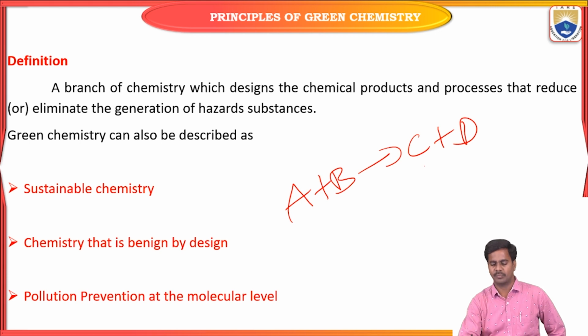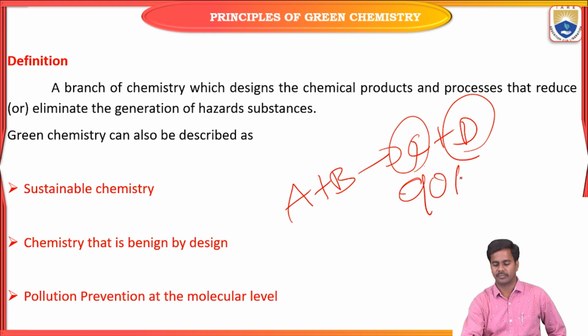At the same time, this desired product is formed as a major product compared to the other product D. That means the desired product is formed in a higher percentage, 90%, than the other product D, which is 10%.